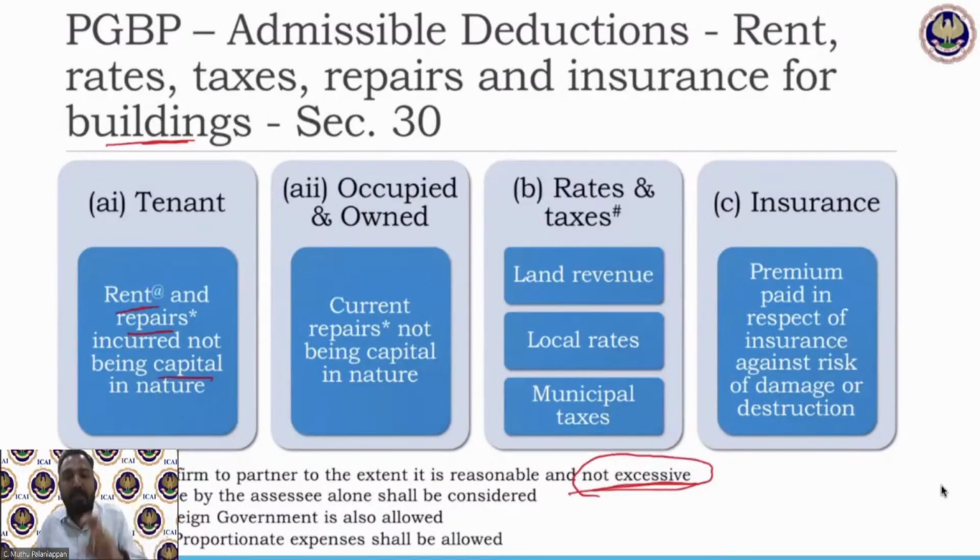So when I'm talking about these expenditures, they can only be revenue in nature. They can never be capital in nature. So whatever revenue expenditure is spent by the tenant can be claimed as an expenditure.